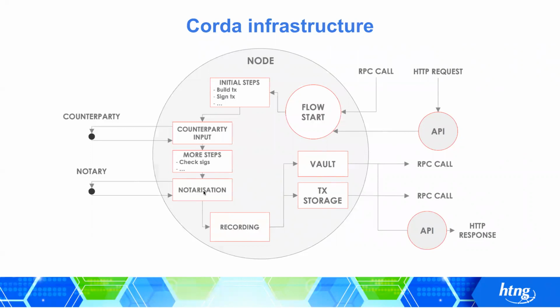In case of correct signature, correct precondition, and contracts which you implement in your application, it will be recorded to the network between participants which were involved in this process. It can be counterparties between different hotels, for instance, or different shops.